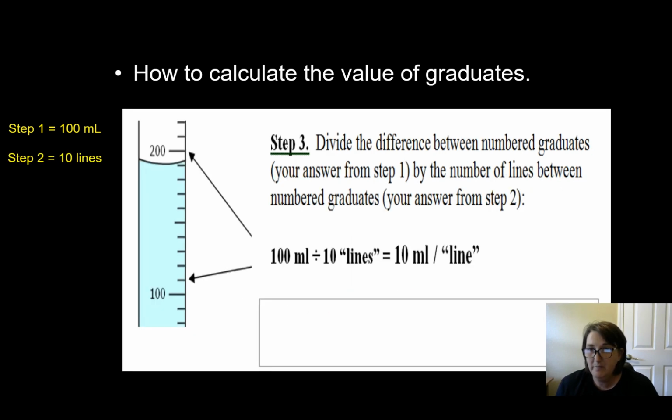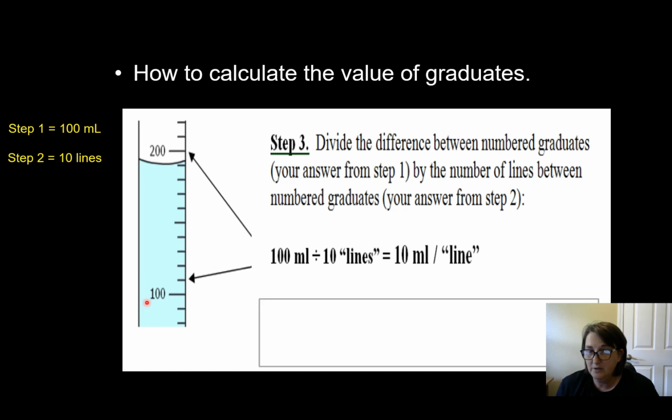Next, I'm going to divide the difference between the graduates by the number of steps, or the number of lines that I have. This is going to tell me what my volume is per line. So I take 100 milliliters. That was what I figured out in step 1. My number of lines, I had 10 lines. That was step 2. I divide those. It means that each of these lines represents 10 milliliters.